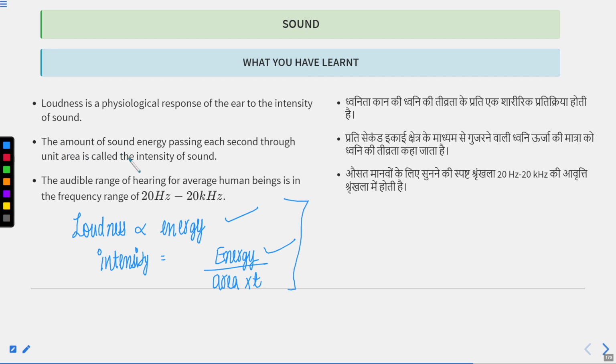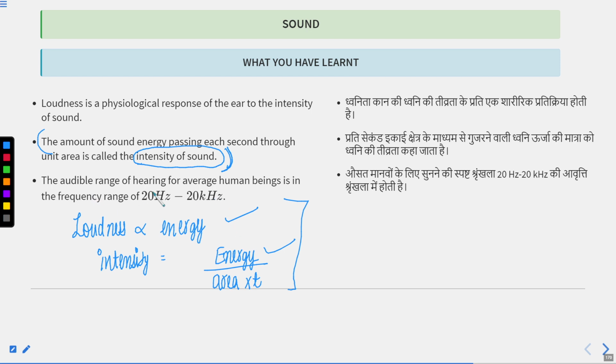The amount of sound energy passing each second through a unit area is called intensity of sound. This is the formula of intensity: energy divided by area into time.